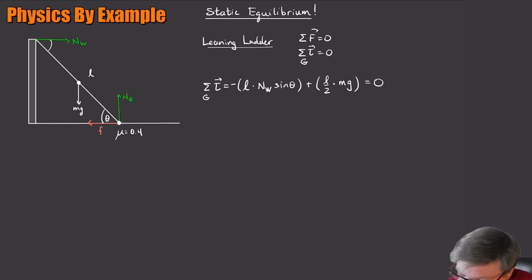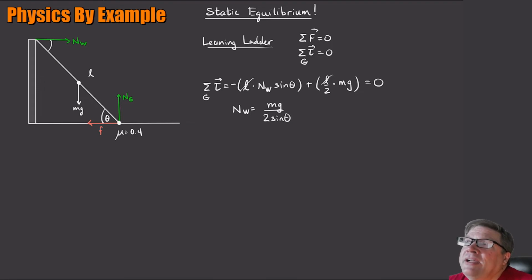Okay, so let's see what I got. It turns out I can just factor out an L and then divide it away. So it looks like N_W is just going to be mg over 2 sine theta.